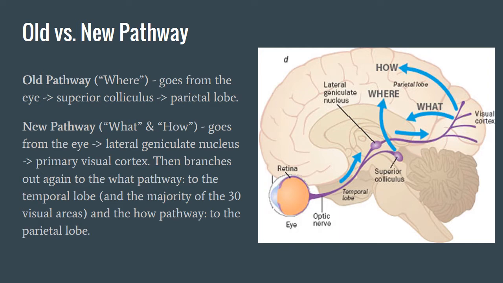It goes from the eye to the lateral geniculate nucleus and then to the primary visual cortex. From there, it branches out again into the what pathway, which goes to the temporal lobe, which also houses the majority of the 30 visual areas, and the how pathway, which goes to the parietal lobe.